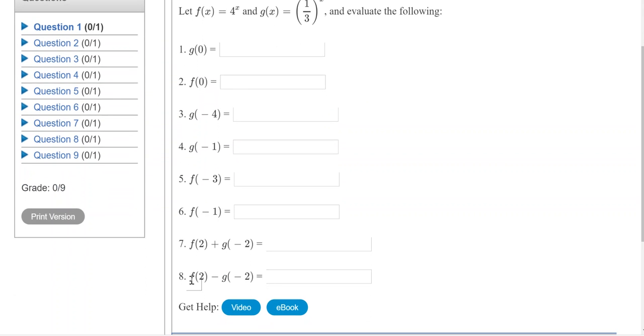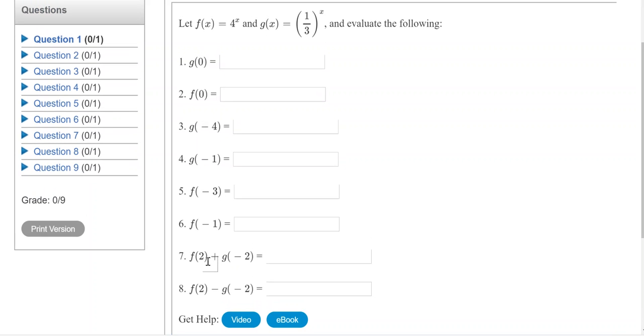Now 7 and 8 are a little bit different. They ask you to find one function value, find f of 2, find another function value, find g of -2, and then add those two function values together.